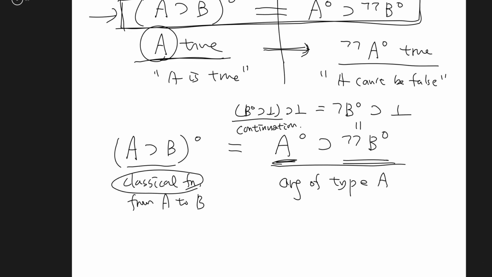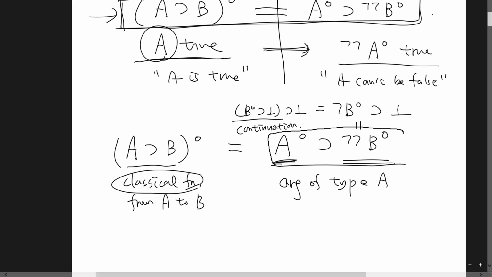So what that means is that you have to first provide an argument of type A circle. In the case of a classical function, if you are given an argument of type A, you are supposed to return a result of type B immediately. But we don't return a value of the result of type B right away.